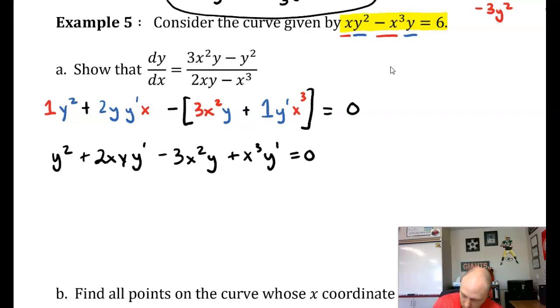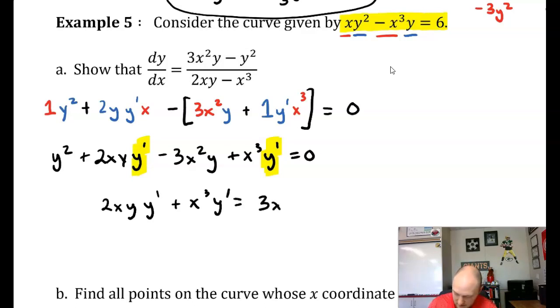So everything that has a y prime gets to stay. Here they are. They get to stay. Everything else has to go to the other side. So we have 2xy y prime plus x cubed y prime is equal to, and then when I move these over, the 3x squared y becomes positive and the y squared is negative, right?